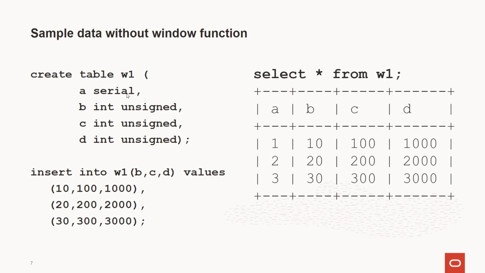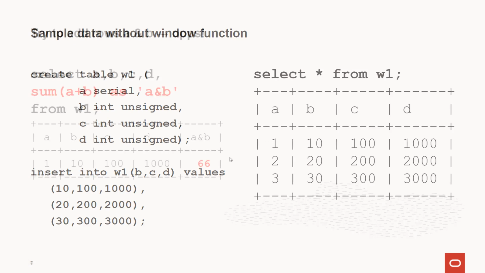Every time we insert a record into W1, it'll automatically have A generated for us. As you'll see over here, we insert 3 records, and A is generated as 1, 2, and 3. Down below, we actually insert the data. Our first row is a value of 10, 100, and 1,000 for B, C, and D, and so on. So that's some very simple data.